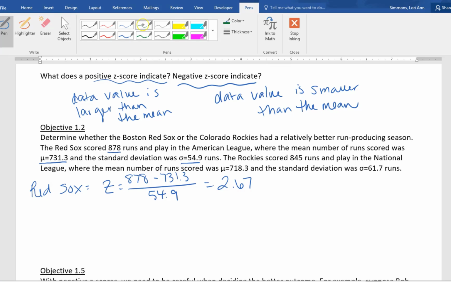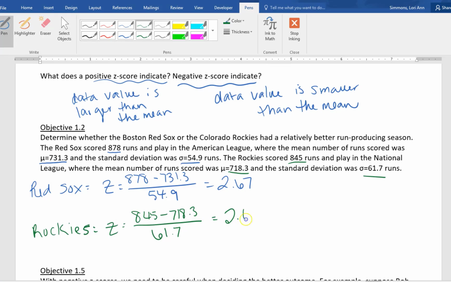Let's do the same for the Rockies. So I'm going to underline again the information for the Rockies. So the z-score is going to be 845 minus 718.3, because that's the mean, divided by the standard deviation. You get 2.05.